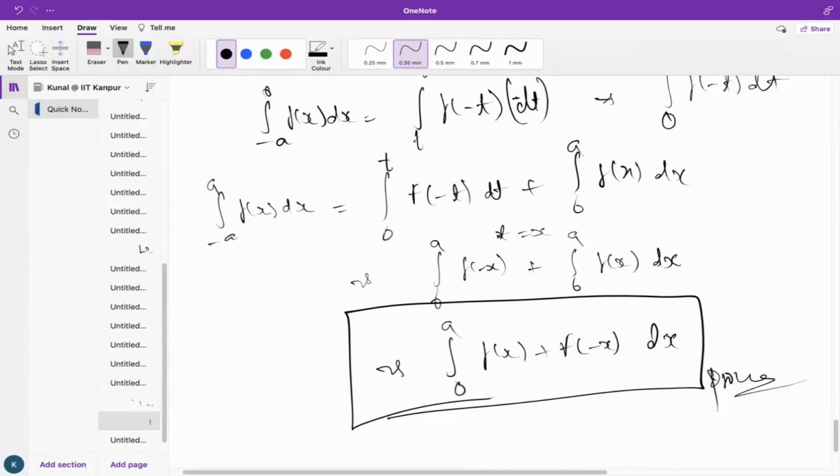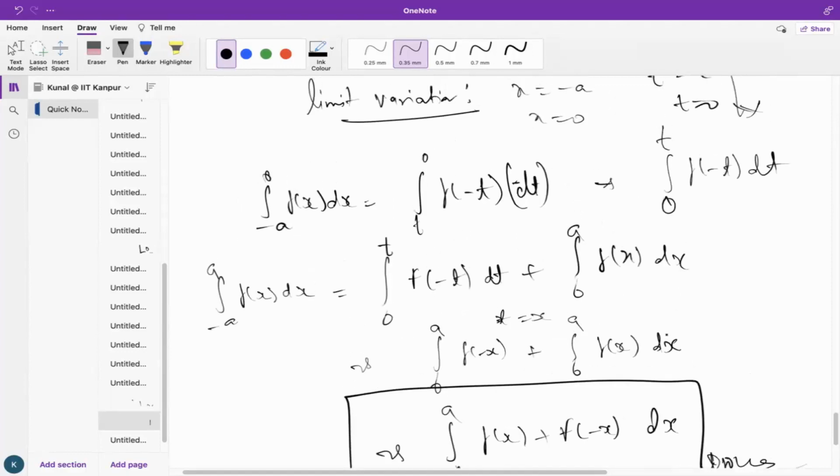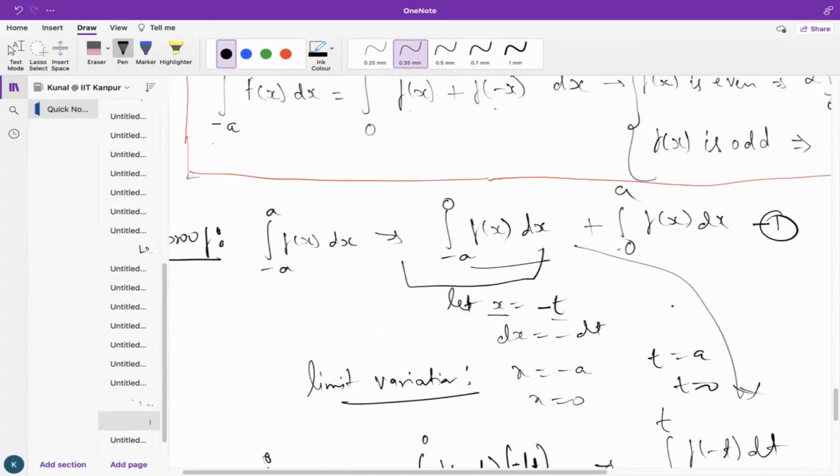If you didn't get it, let me explain again. I wrote this function f(x) integrated from minus a to a, and broke it into two parts, one from minus a to 0 and one from 0 to a.